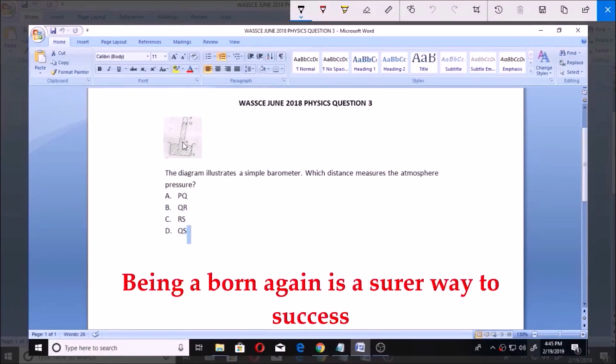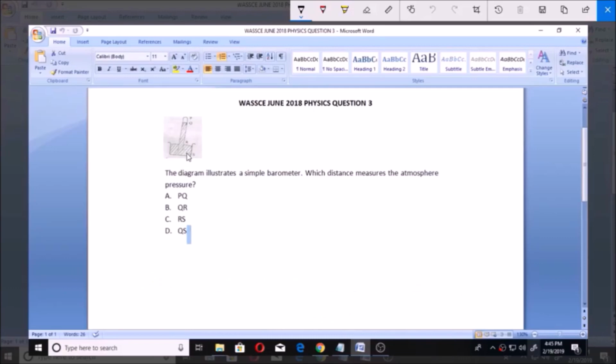So which of these distances measures the atmospheric pressure? Is it PQ? Is it QR? Is it RS? Or is it QS?